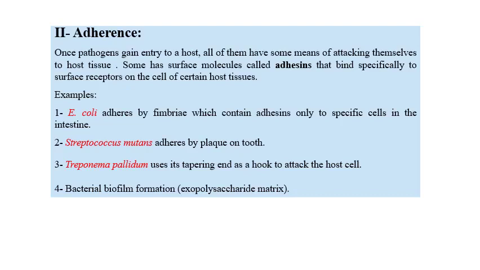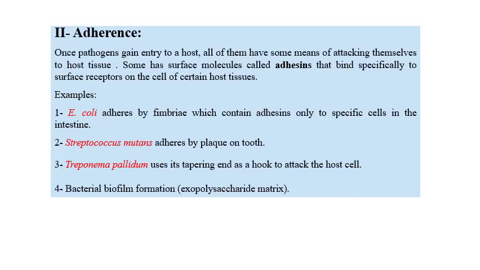For example, Escherichia coli, which is known to be a normal flora of the large intestine, adheres there by certain adhesins found on their fimbriae, so they can persist in the large intestine. Another example or another way here, like Streptococcus mutans.